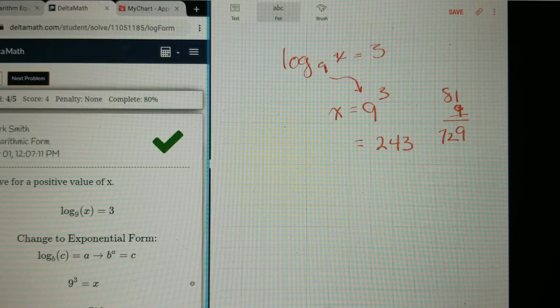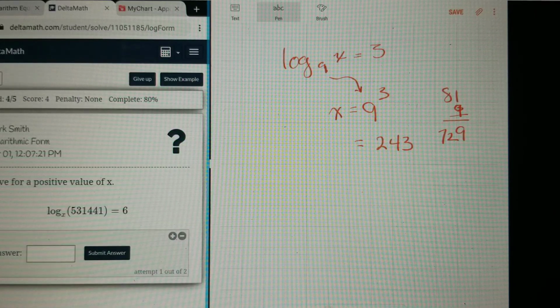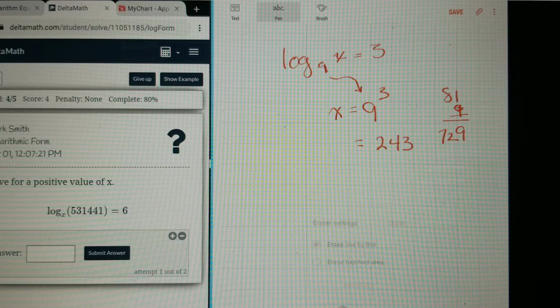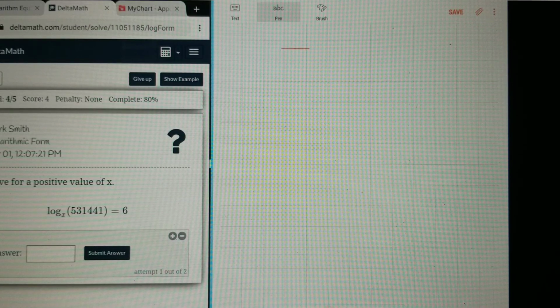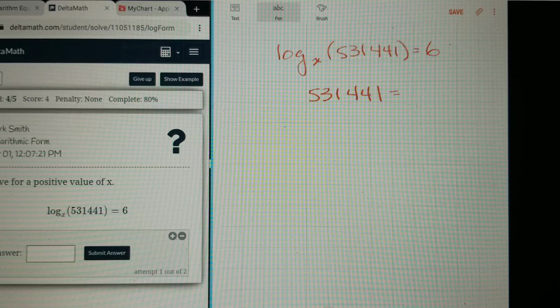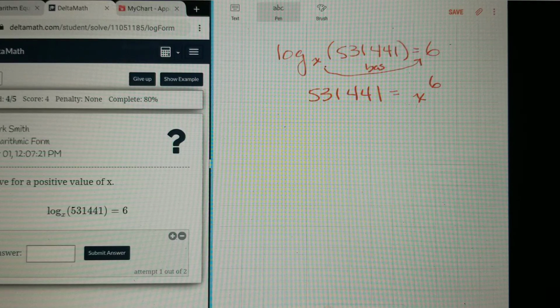Okay, let's see if we can get another kind of problem here. Next problem. Okay, this is a crazy looking problem here. It says log base x of 531,441 equals 6. How you would do this old school is x to the 6 equals 531,441, because we just move our base back over here where it was before.